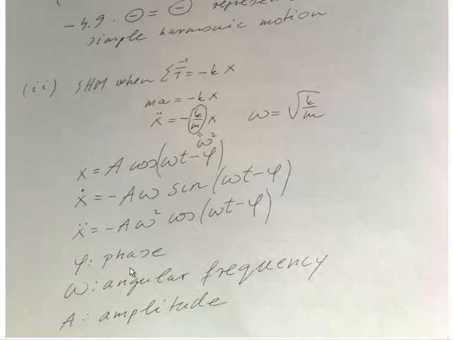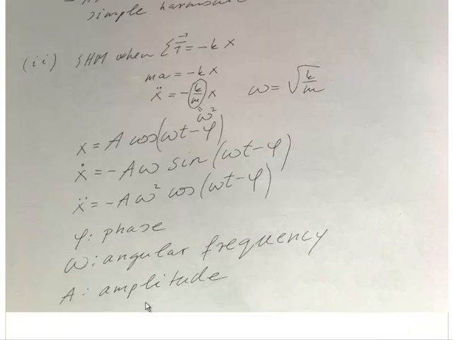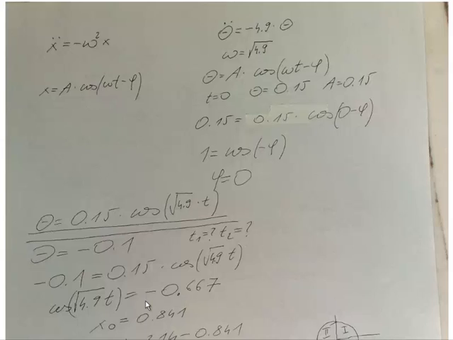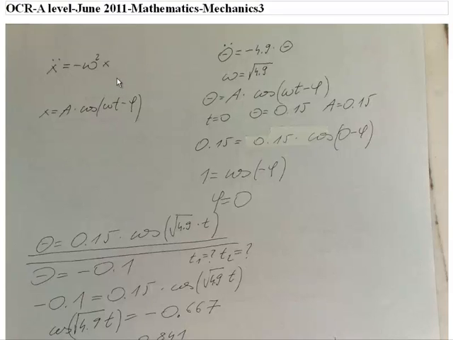Phi is the phase, omega is the angular frequency. It's important, not angular velocity. Here it is angular frequency, and A is the amplitude. We use this. Here is an analogy.